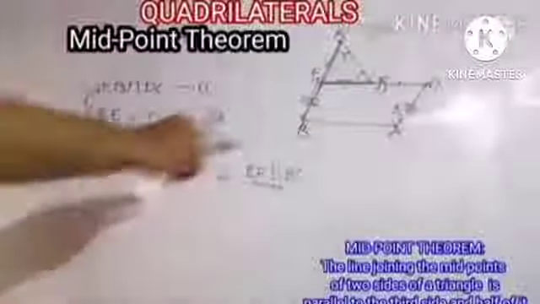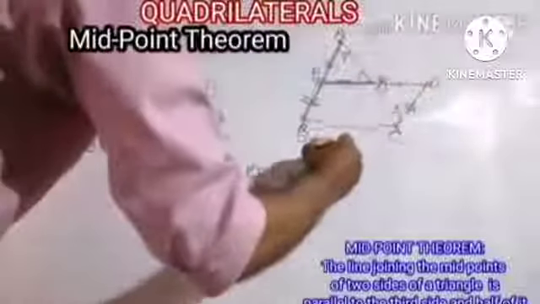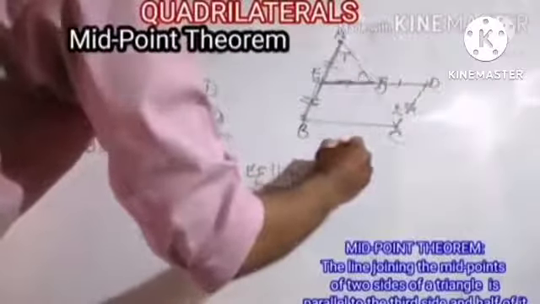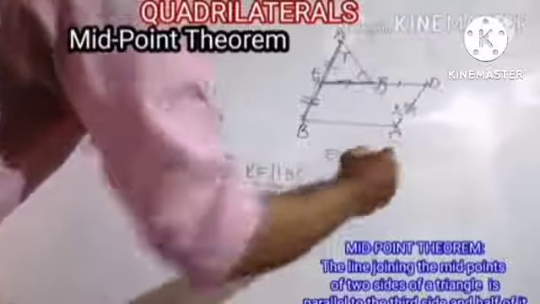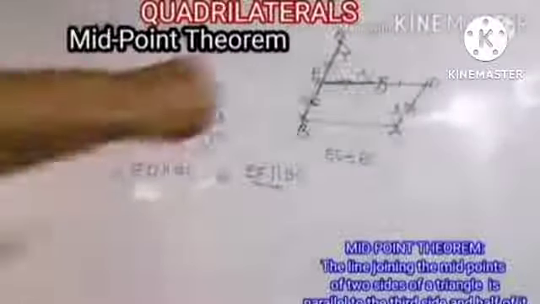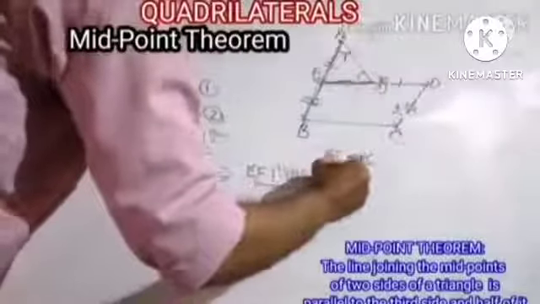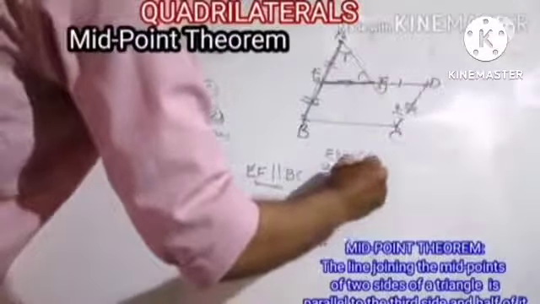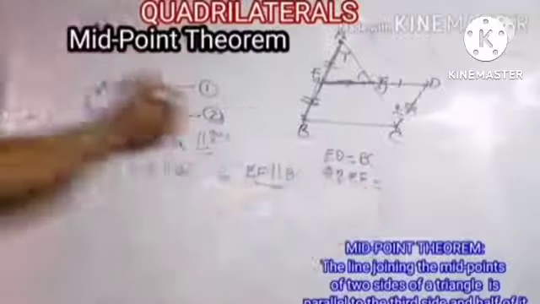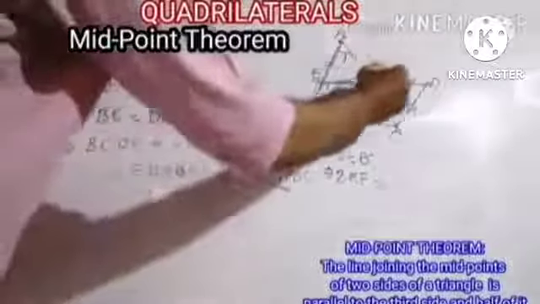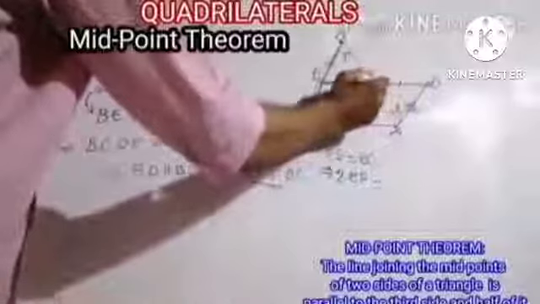So how to prove that? We know that ED equals BC. So ED can be written as 2EF, because EF and DF are equal by construction.